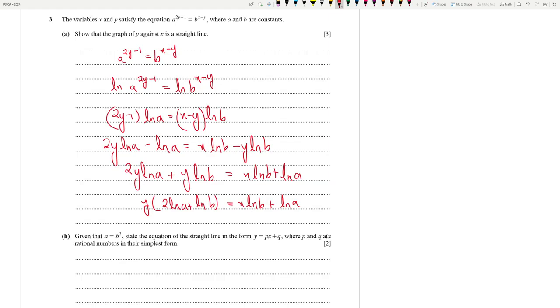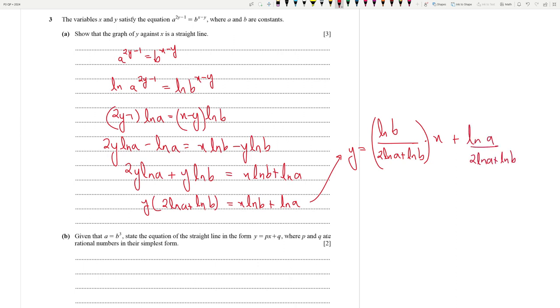So yeah, this actually matches the equation y is equal to mx plus c, right? Essentially. Or you can write this as y is equal to ln b divided by (2 ln a plus ln b) times x plus ln a divided by (2 ln a plus ln b).